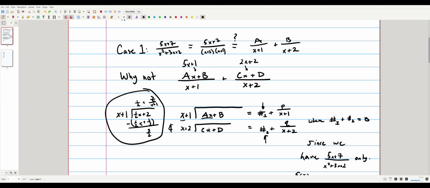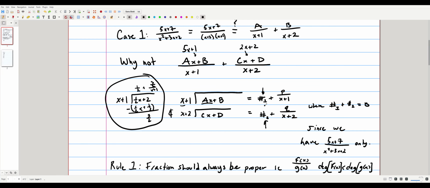And so essentially what that's telling you is that you could assume that you do have an ax plus b and a cx plus d rather than just a number on top. But what that will do is that you'll just end up having a whole number plus a fraction and then another whole number plus a fraction.